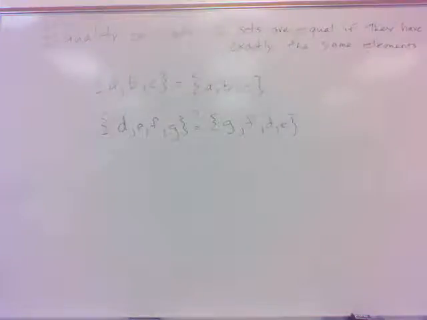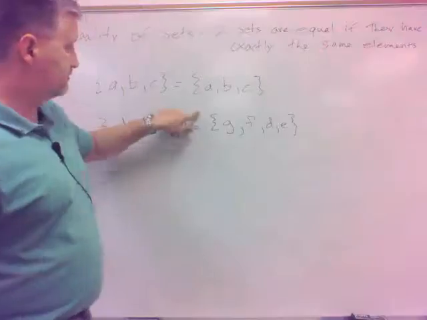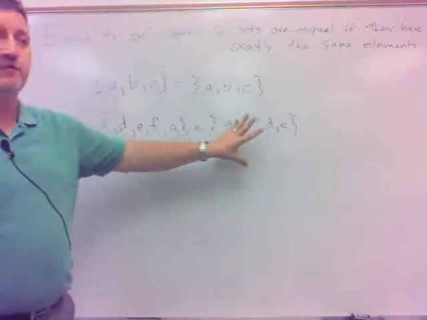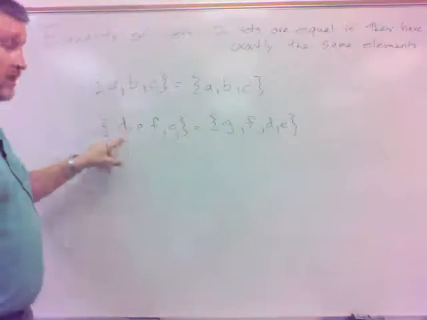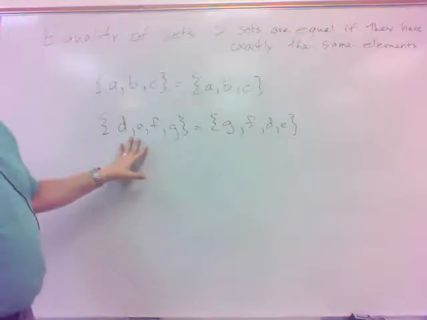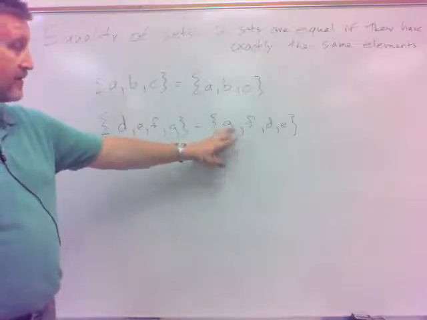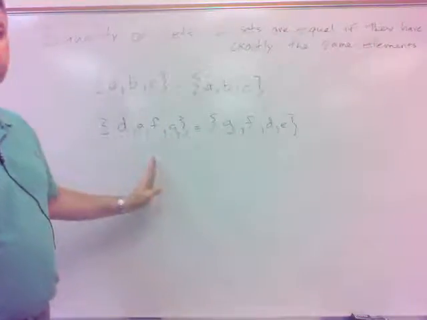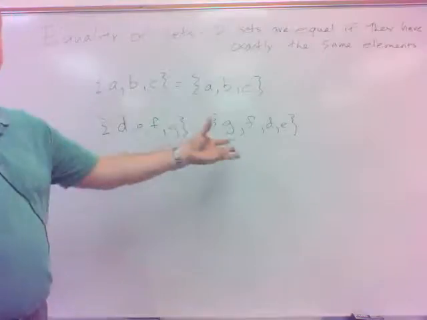D, E, F, G. Does that equal G, F, D, E? It does, doesn't it? This is equal, even though they're listed in a different order. Why are these equal? Well, all the elements here are elements over there, and vice versa. They have exactly the same elements.